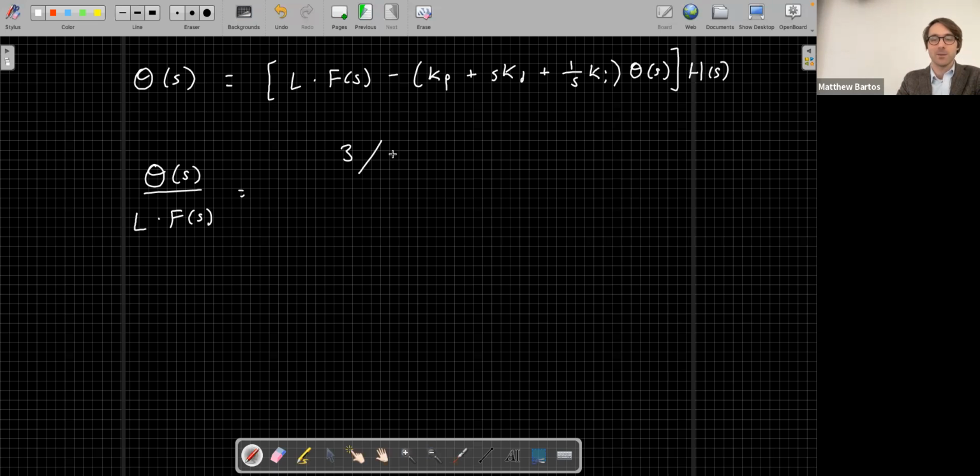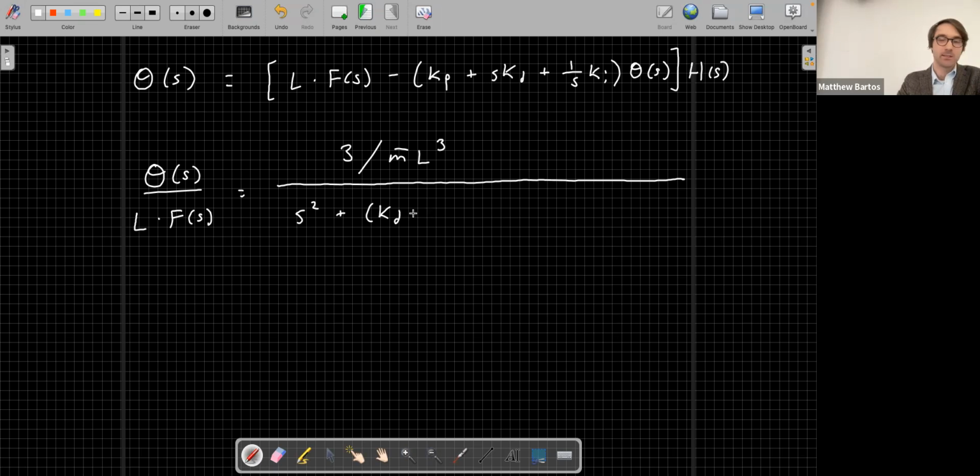So in the numerator, it's still going to be the same, 3 divided by m bar L cubed, divided by s squared plus kd times 3 divided by m bar L cubed all times s plus the proportional term Kp times 3 divided by m bar L cubed minus 3g divided by 2L.